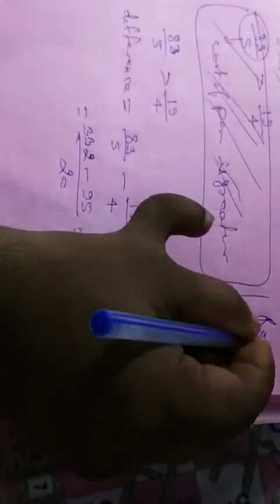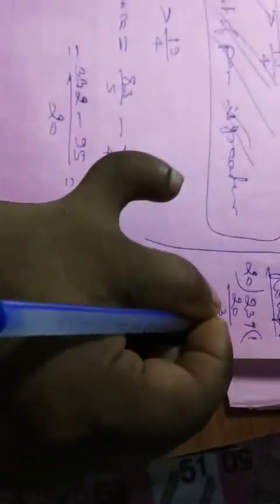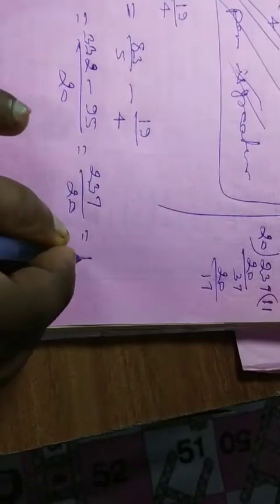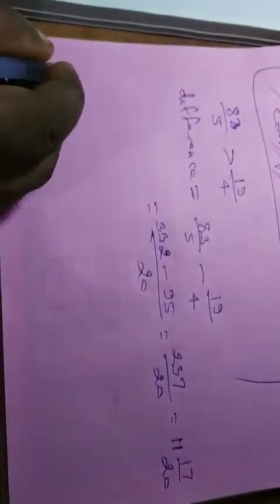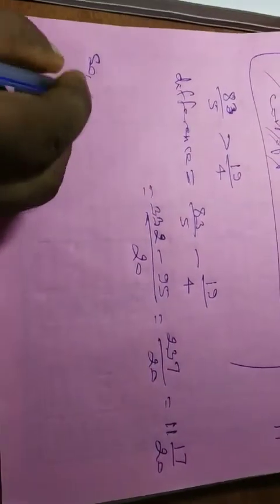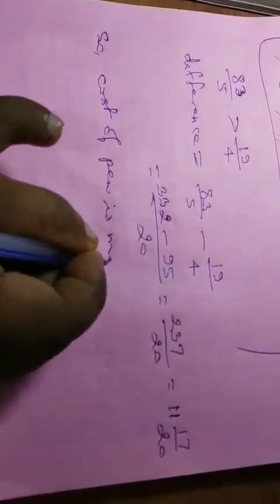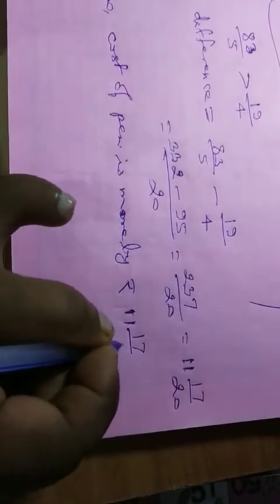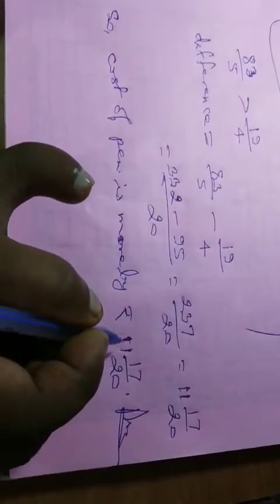When we reduce, we get 11 and 17 by 20. So, therefore, the cost of the pen is more by rupees 11 and 17 by 20.